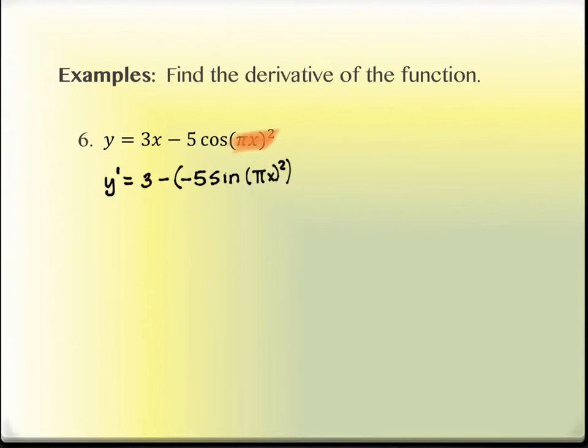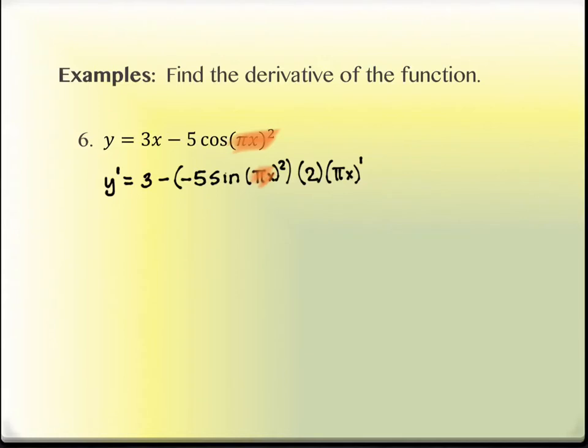Okay, so far so good? That's the derivative of the outside. The outside right now is the cosine part. Now I need the derivative of the pi x squared. Well, the inside there is the pi x. The outside's the 2. So the 2 is going to come down. And I'm going to have that same pi x to the power of 1.